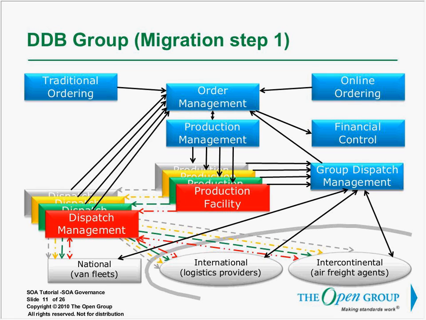They want to make some significant changes here, right? And DDB looked around and said, well, what are these evolving industry standards that we can leverage? And there was a group called MIMOSA.